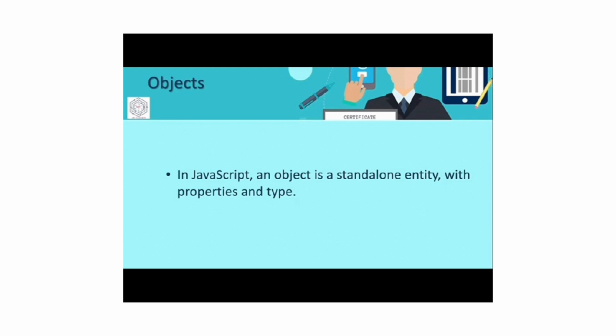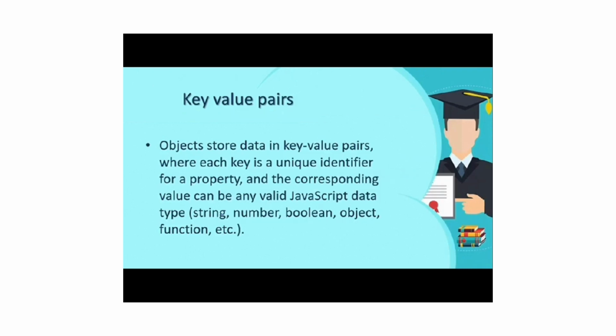A key value pair is used to denote the identifier of a property, and the value can be data types like string, number, boolean, object, function, etc. So in an object, we use key value pairs to declare the values.